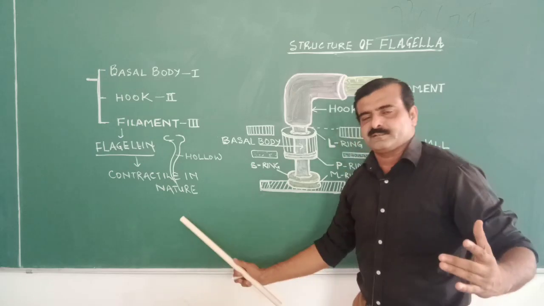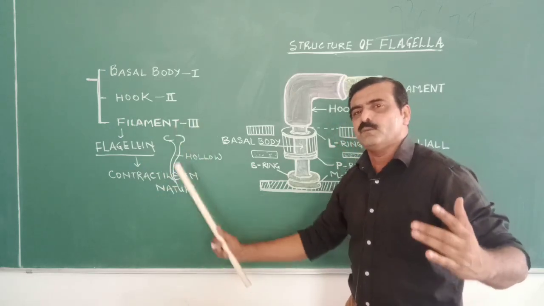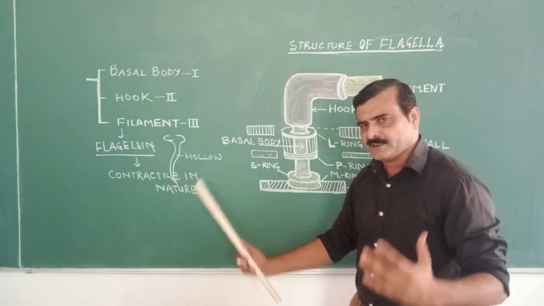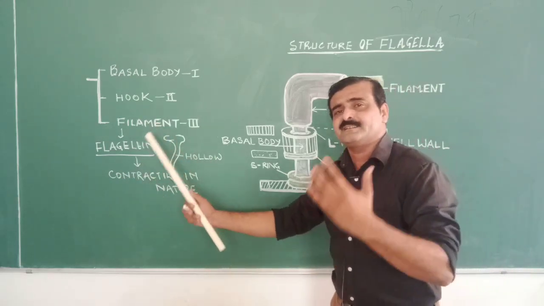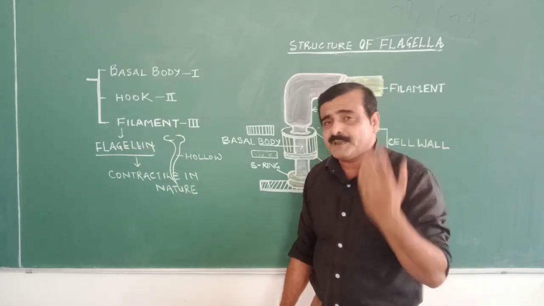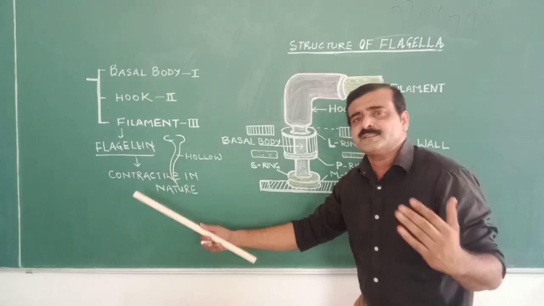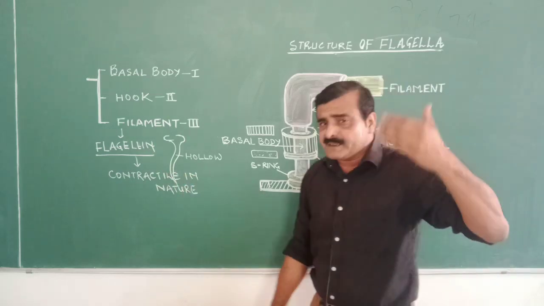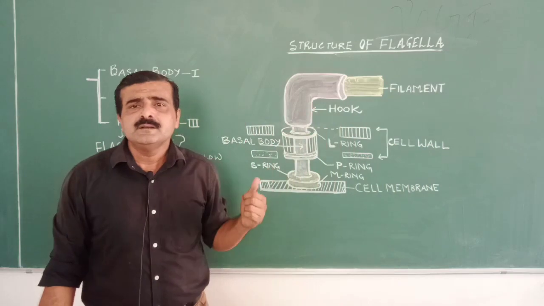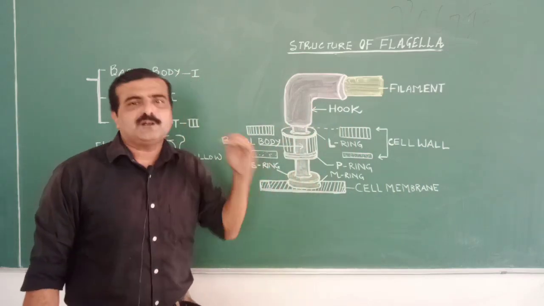That's why the flagellum is the motile organ of the bacteria, because each monomer is made up of flagellin protein, which is contractile in nature. But in case of pili, the pilin protein is non-contractile in nature.